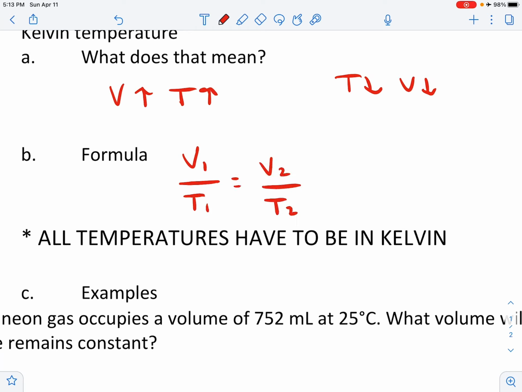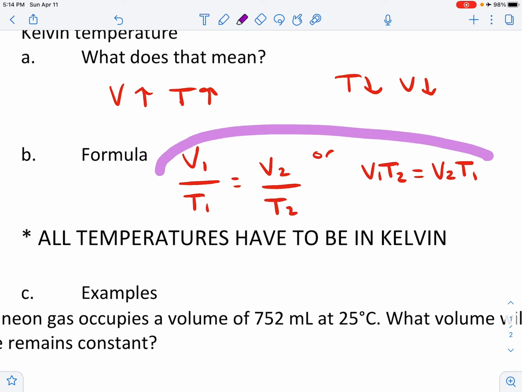This is totally correct, but I find it's easier to cross multiply and get the fraction out. So we have V1 T2 equals V2 T1. This way I don't have to deal with numbers in the denominator, because sometimes I'm not super good at that. Either one works, but we definitely want to have these in our memory bank because that's what we're going to use.